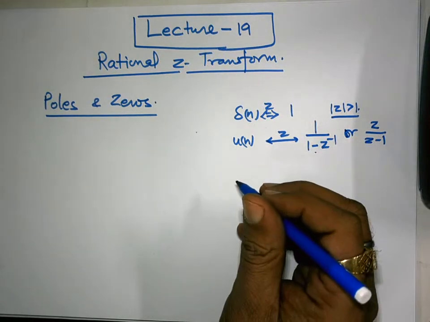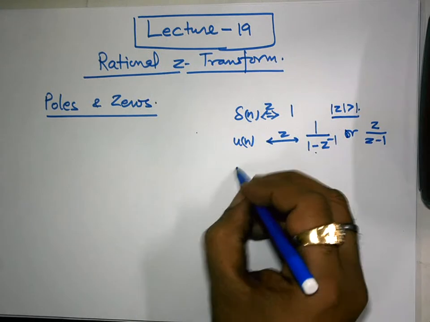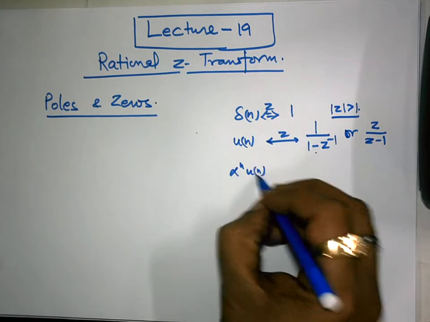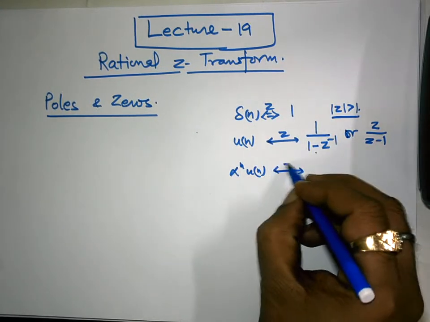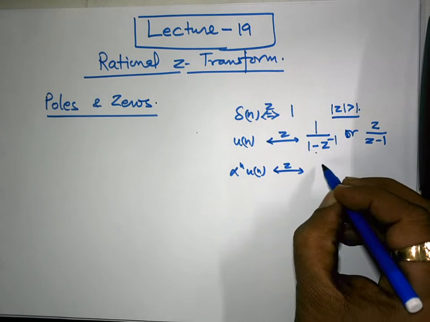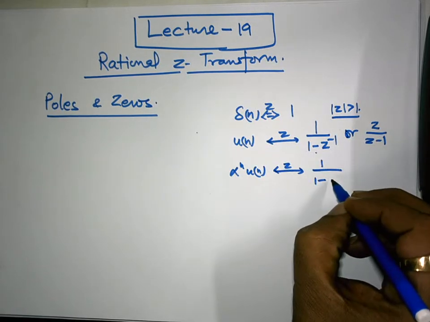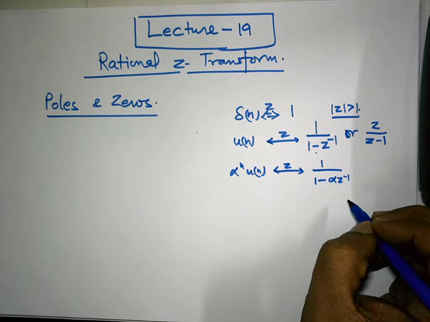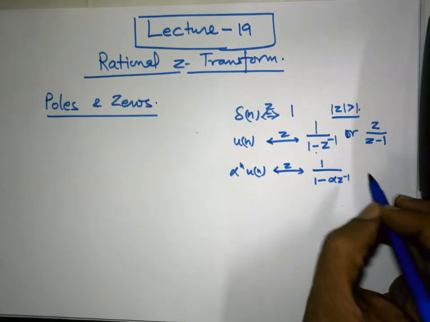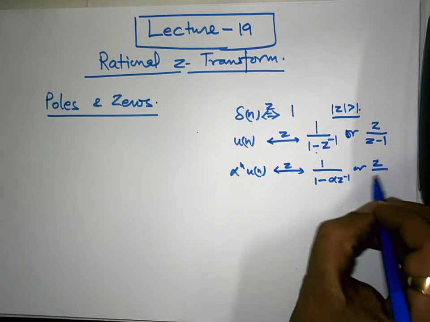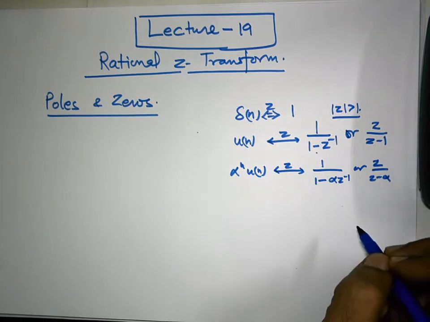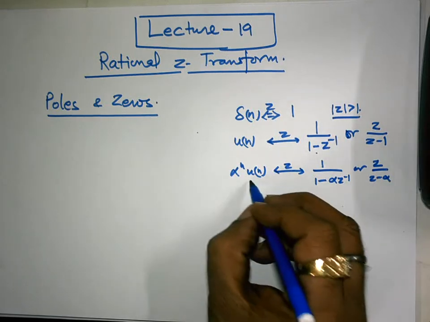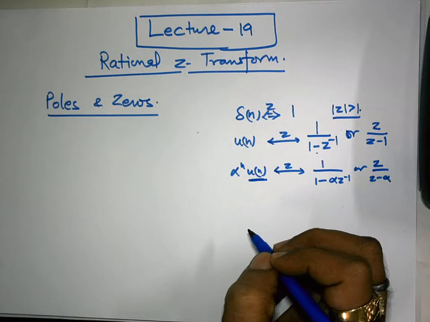You can see other functions like alpha to the power n u n. The z transform of this signal is 1 over 1 minus alpha z inverse. This can also be written in some other form like z over z minus alpha, with mod z greater than alpha, because this signal is a causal signal.